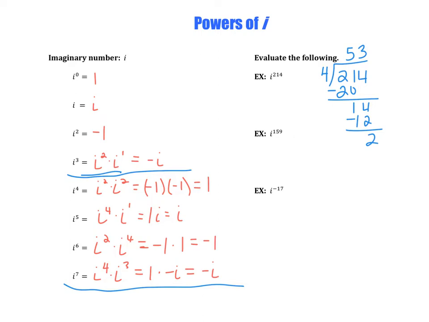That remainder ties into our pattern over here via an exponent. So we've got a remainder of 2, so go over here and look at my exponent of 2 and see what that simplified to, and this will indeed simplify to the same thing. So i to the 214th simplifies to negative 1.